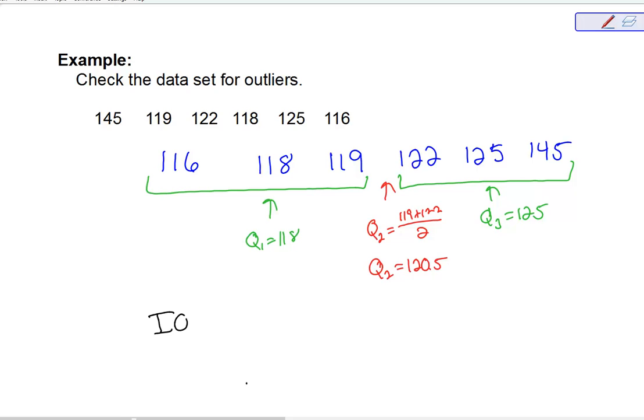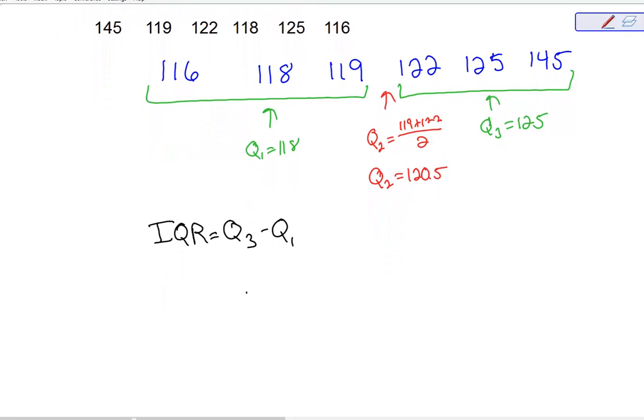Now then, the IQR is equal to Q3 minus your Q1. So in our case, we have 125 minus 118. So our IQR, or our interquartile range, is going to equal 7. We want to look at this data from the upper end and the lower end again.